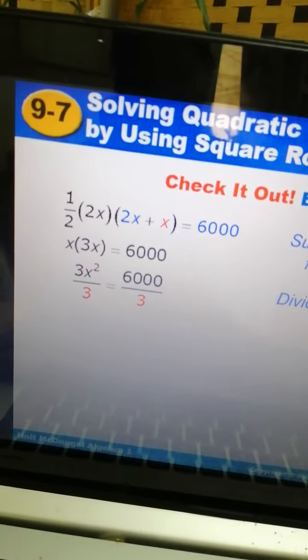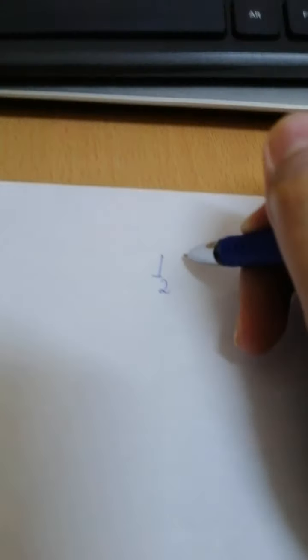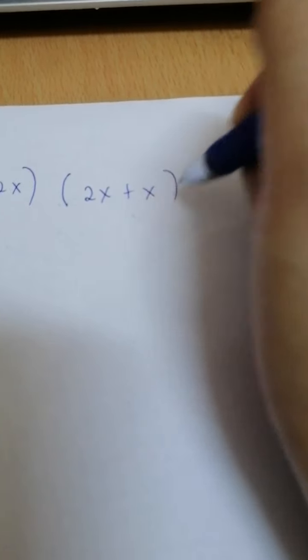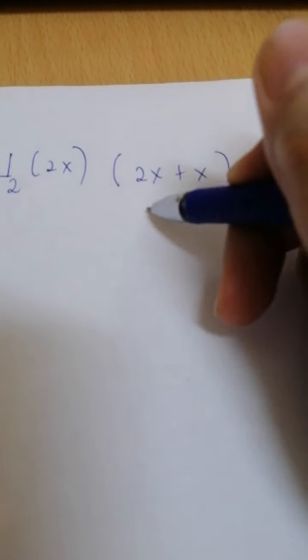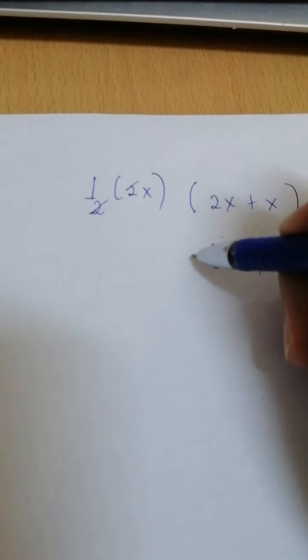Let me show you again how we added and multiplied. The formula is half, the height is 2x, base 1 plus base 2 is 2x plus x, and the area is 6,000. We add 2x plus x, which is 3x. The 2 and 2 cancel, so that's why this became x.